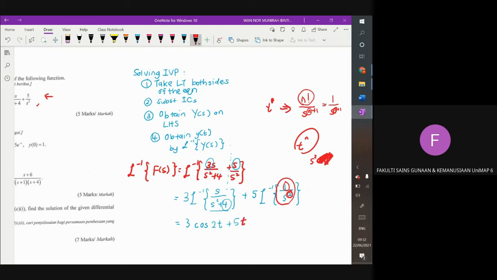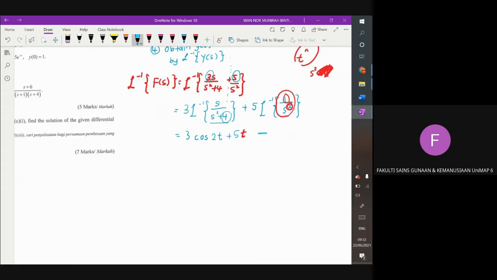You can always check your solution. What I said in class, you know that this is your f(t). Just take the Laplace transform of f(t). 3 is just a constant, so take it out from your Laplace: cos 2t, plus 5 Laplace of t.